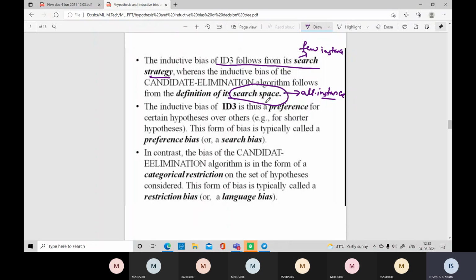Hypothesis space or search space means all the instances are included. And ID3 uses a preference space. It can be implemented with preference bias or restriction bias, which are optional.